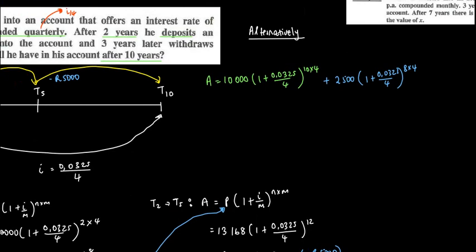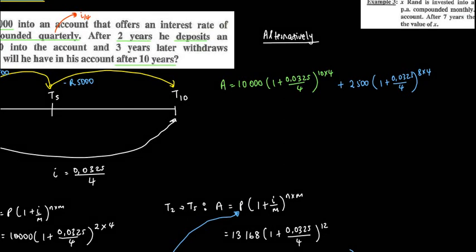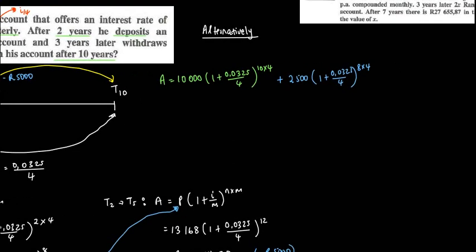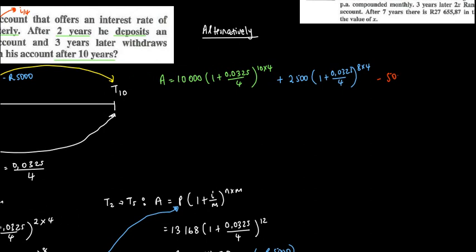Then what did he do? He removed 5,000. You take it along with its sign, good people. So you're going to write there minus 5,000, and then that 5,000 also is going to be growing with the very same amount of interest over 4.